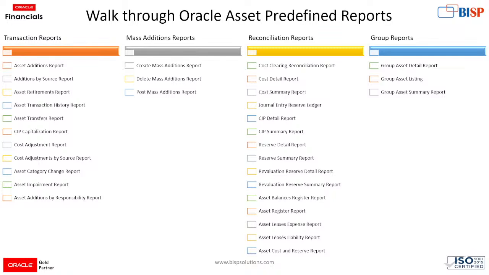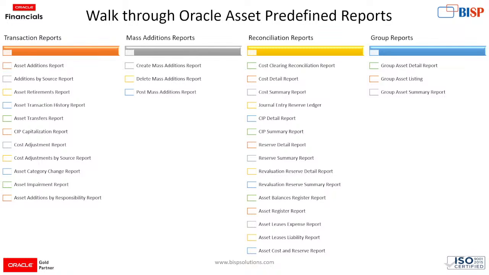This is the list of asset cost adjustment made during the specific period, sort by and grouped total for each balancing segment and asset type and asset cost account and cost center. Cost adjustment by source report. List of all asset cost adjustment made during the specific period, shows the detail of associated invoice lines, and sort and total by source, balancing segment, asset type, asset account, cost center, and asset number.